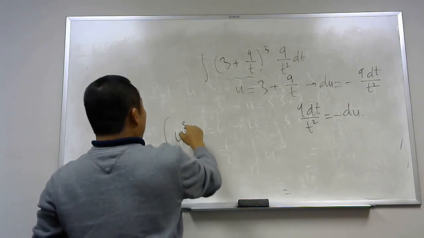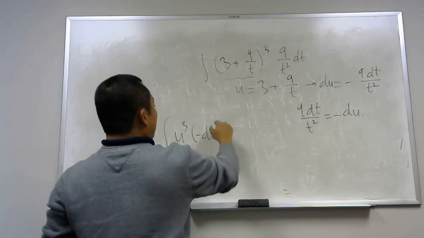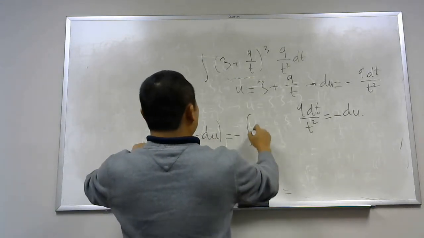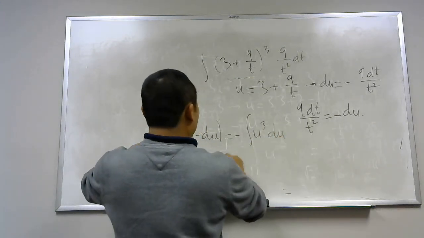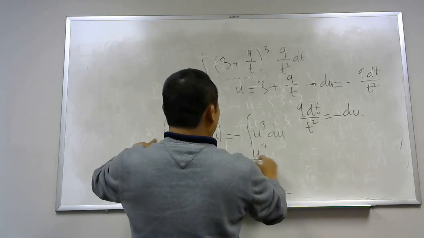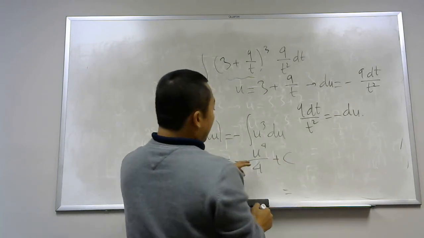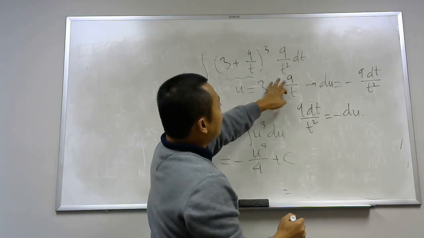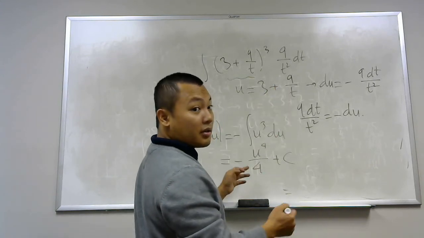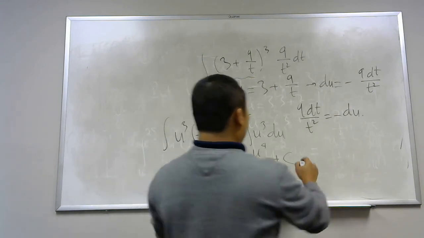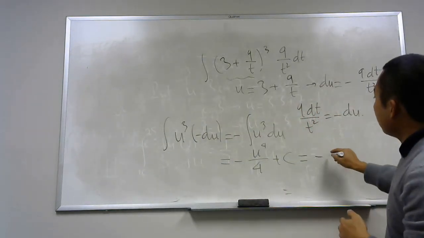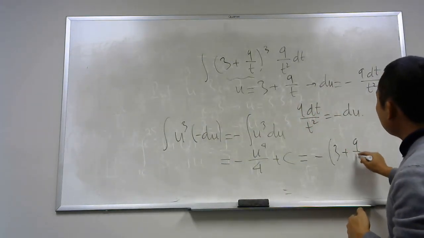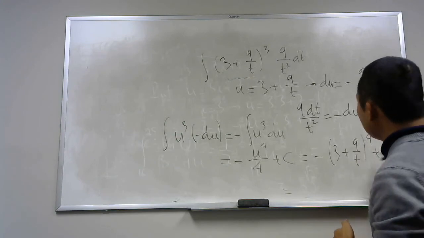That is u cubed times negative du, which is negative u cubed du, and that is negative u to the 4 over 4 plus c. At the end, I have to substitute 3 plus 9 over t back, because we need the answer in t. So the final answer is negative (3 plus 9 over t) to the 4 over 4 plus c.